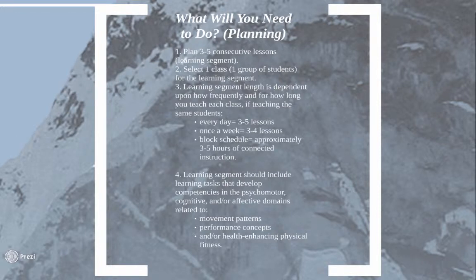The length of your learning segment will be dependent on how frequently you see your students and how long you have them. So if you have them every day, you will be responsible for about 3 to 5 lessons. If you see your students once a week, that'll be 3 to 4 lessons. And if your school is on block schedule, you will approximately demonstrate 3 to 5 hours of connected instruction in your project.